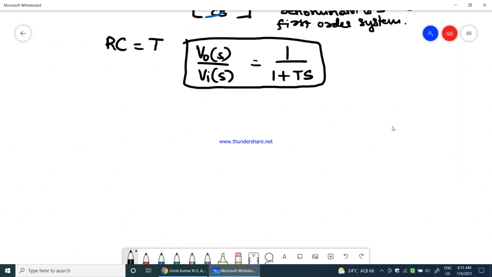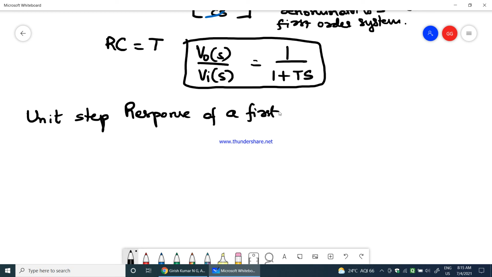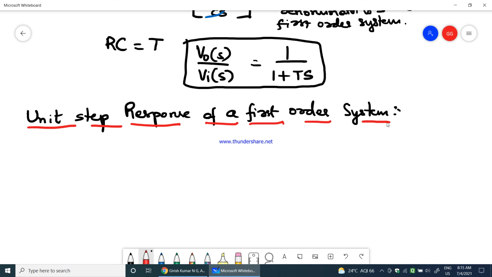Now what we do, we will try to check the unit step response of a first order system. How the first order system will behave for a unit step input, that is what we will see.